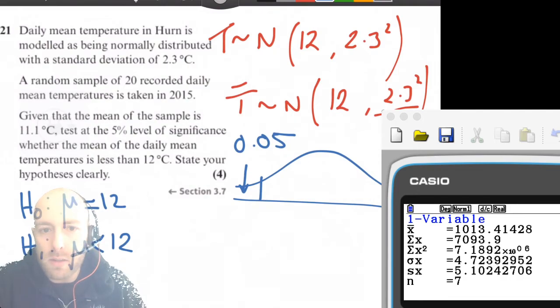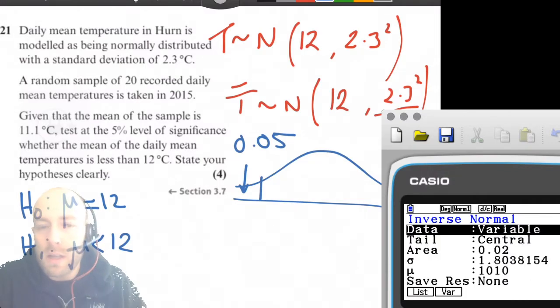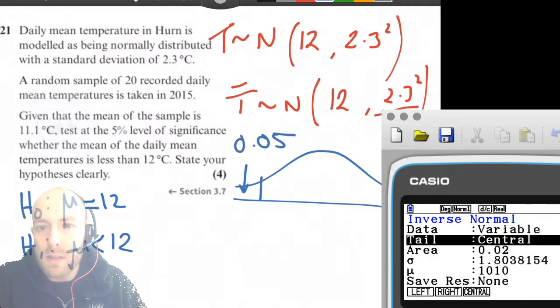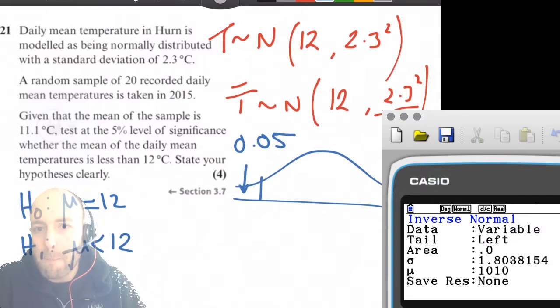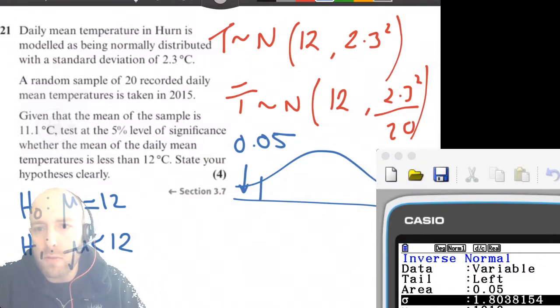All right, so get the calculator up, and we go to dist, norm, invnorm, tail to the left, area 0.05, sigma is 2.3 over root 20.